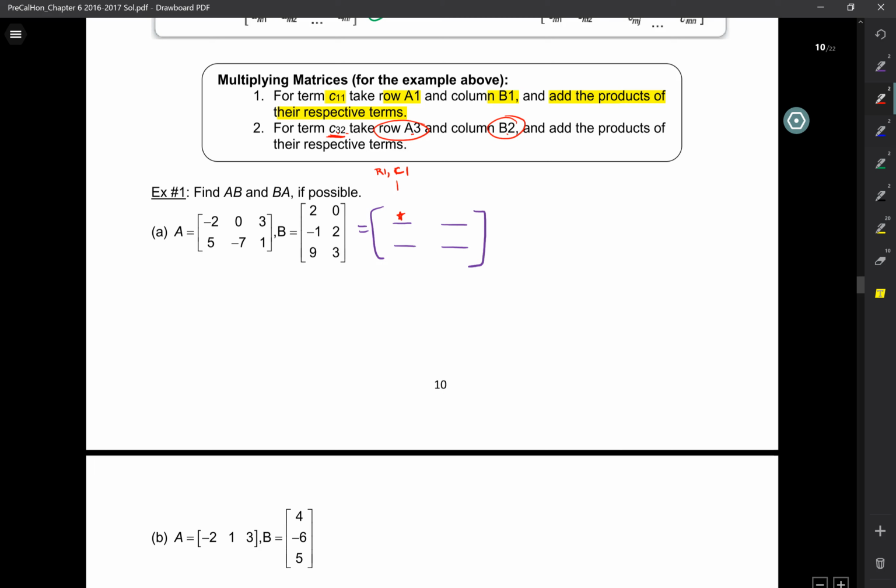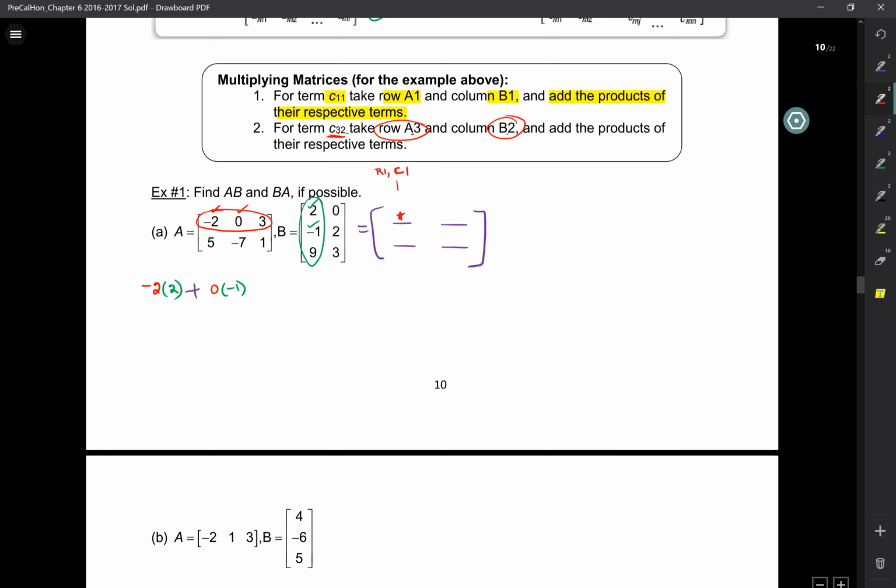Okay, so I'm going to take row 1 and multiply with column 1. Now, what I do here is I multiply the respective terms and I add them. For example, I multiply the first with the first. So negative 2 times 2, plus, now I multiply the second with the second, 0 times negative 1.